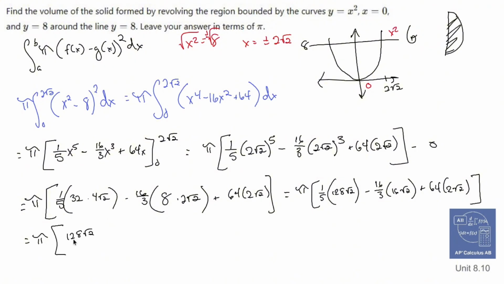That gives 128 root 2 over 5, minus 256 root 2 over 3, plus 128 root 2.